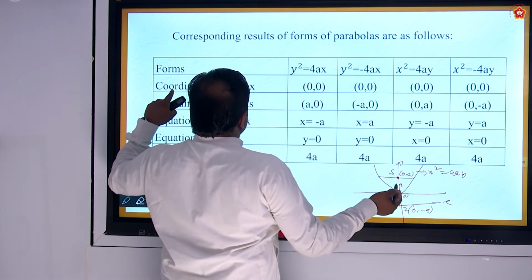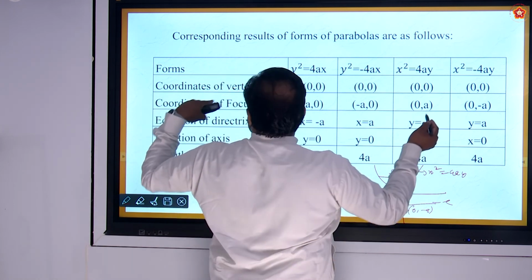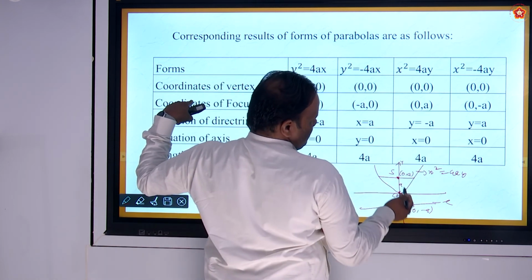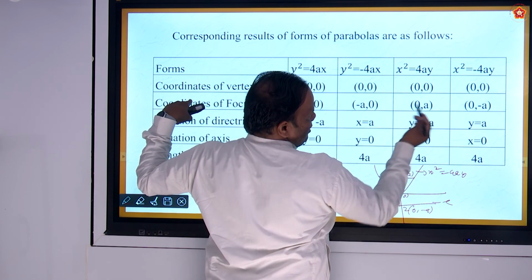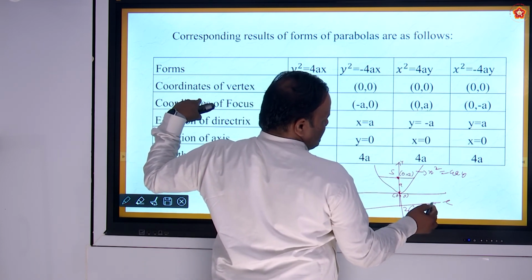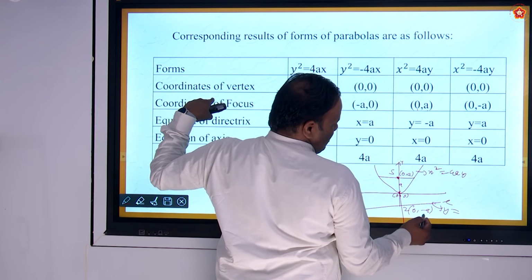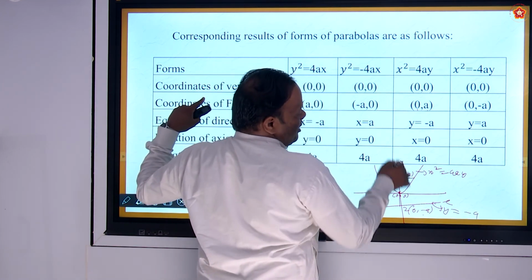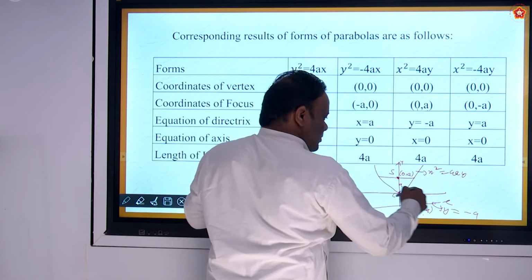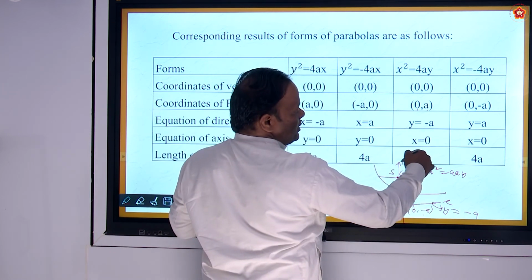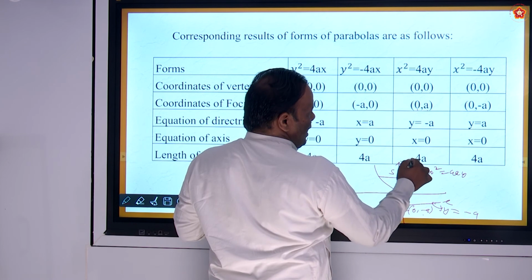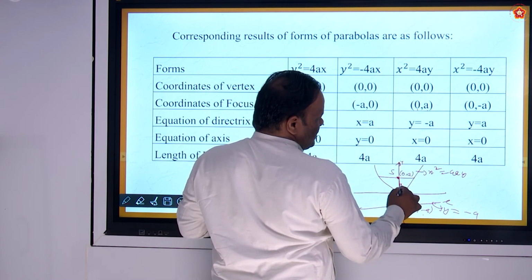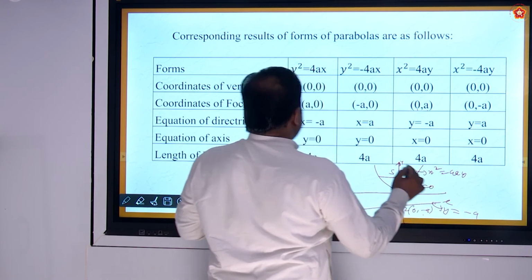Coordinates of vertex is 0 comma 0, coordinates of focus is 0 comma a, and equation of directrix is y equal to minus a. Axis of the parabola is the y axis, so the parabola is symmetric about the y axis.